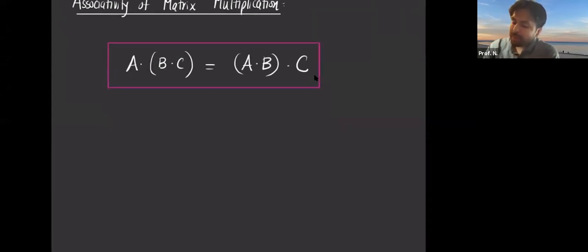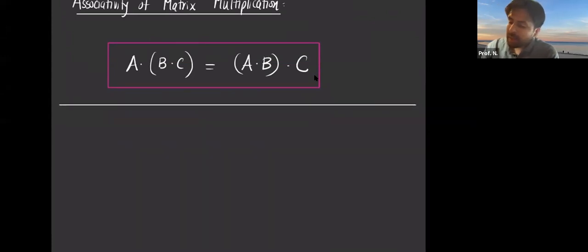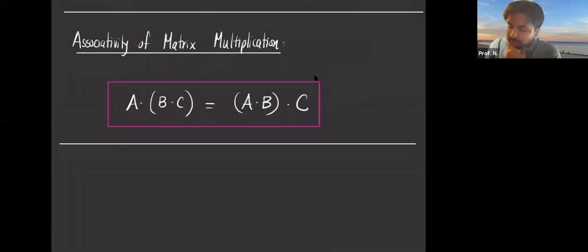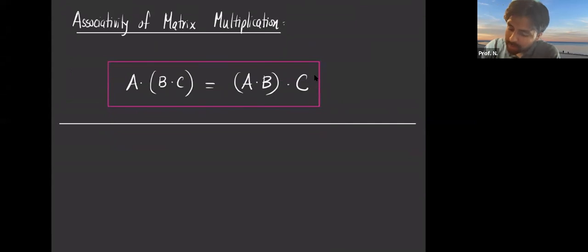Okay, so then we have that. Now, we talked about row reduced echelon form a lot, and there's one thing I want to make mention of, and this is a theorem.